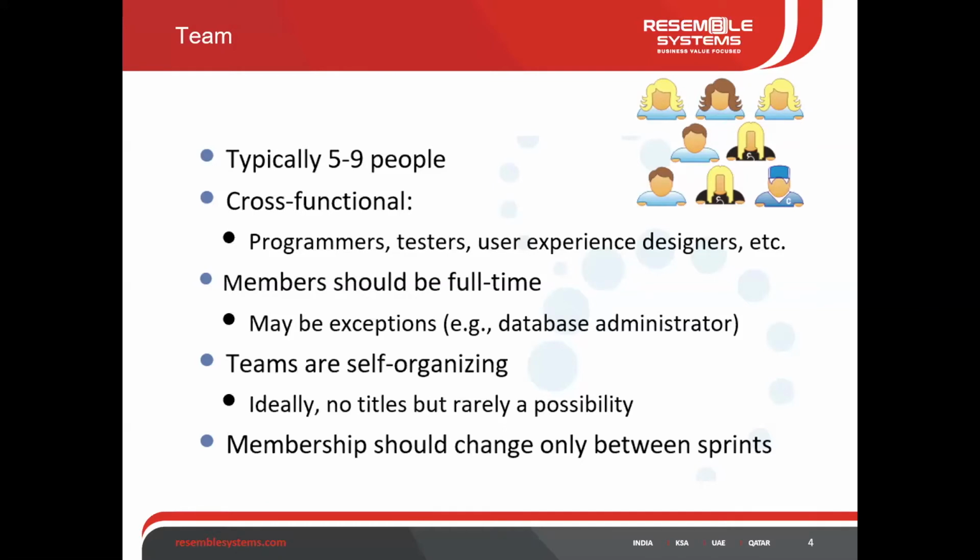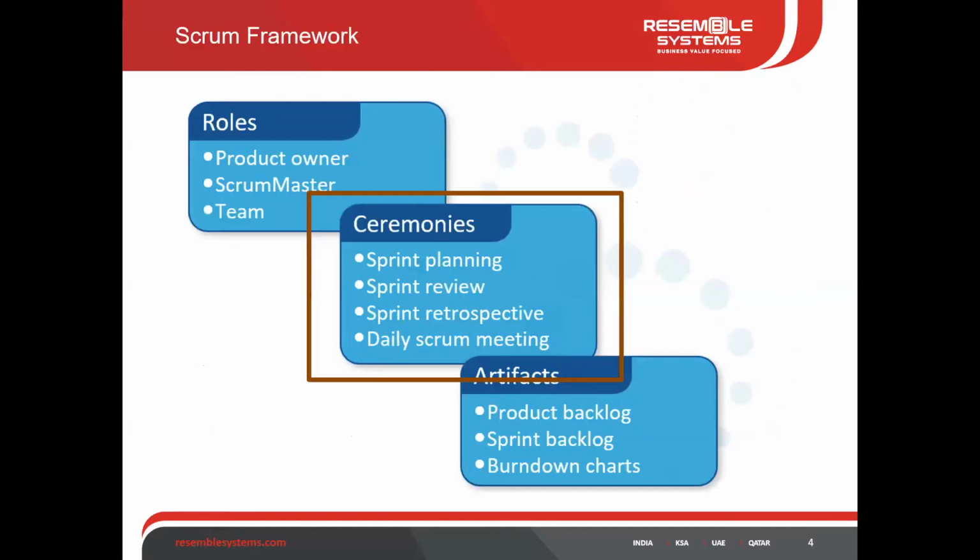People will have good knowledge of the designing aspect and the database aspect, and they keep on self-organizing. And at the end, membership should change only between the sprints. So I hope you got how you can have a Scrum team. If you have any questions on that, you can ask.